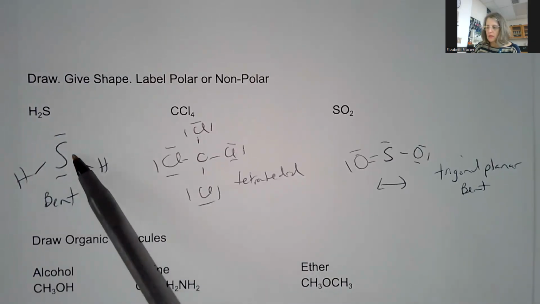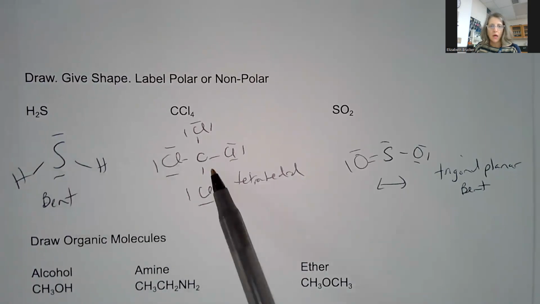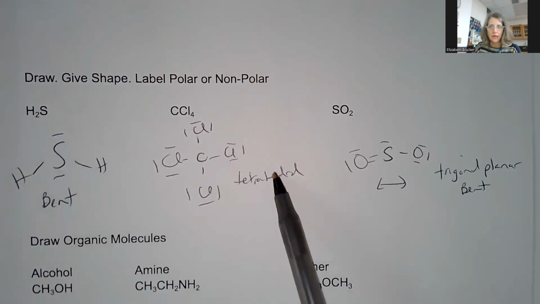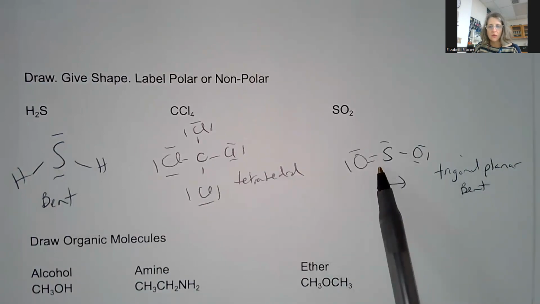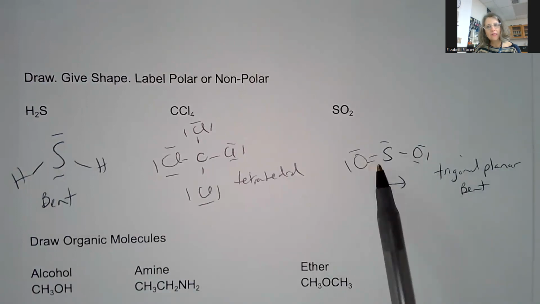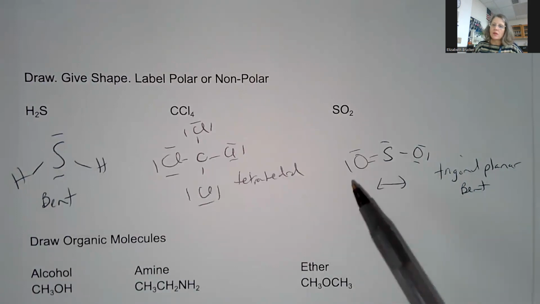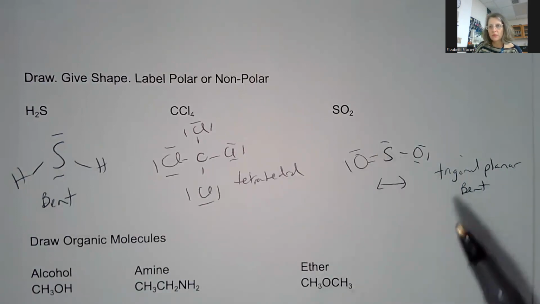So H2S is a bent shape because it has two lone pairs. CCl4 is a tetrahedral. And then SO2 is a trigonal planar bent because you have this double bond having resonance in that structure, and that lone pair is going to fill up one of the spaces around that central atom.